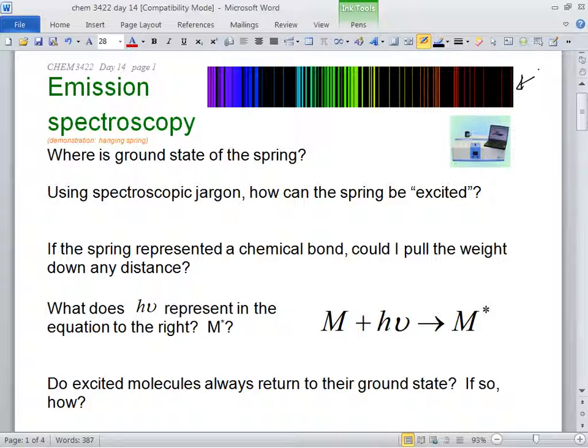So how does that fit with the hanging spring? How is there energy here? Where's the energy? Where is it, Brandy? Where's the energy? Oh, there's some, definitely, by stretching it or compressing it, there's energy there. That's what type of energy?